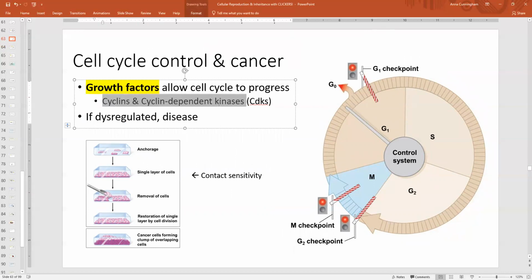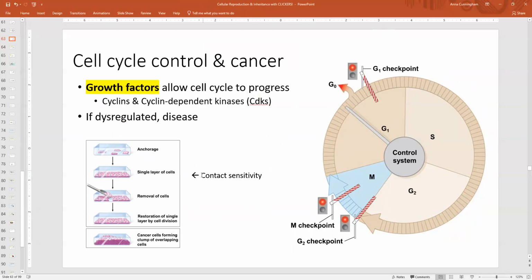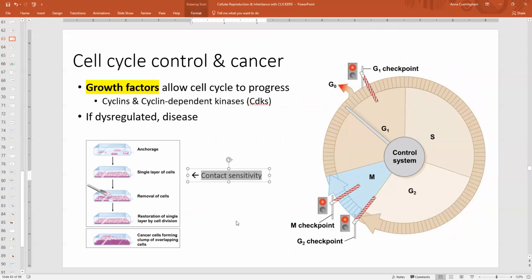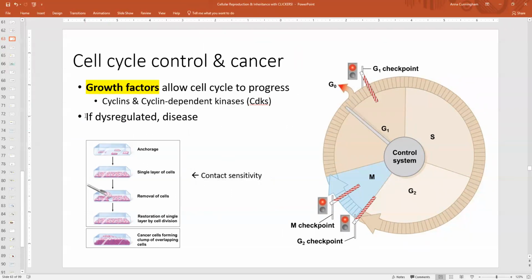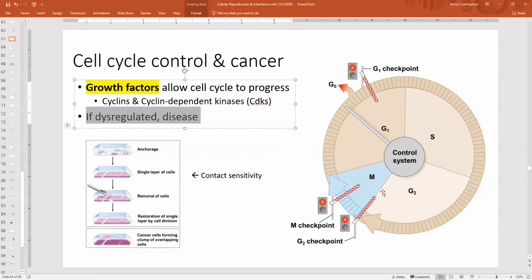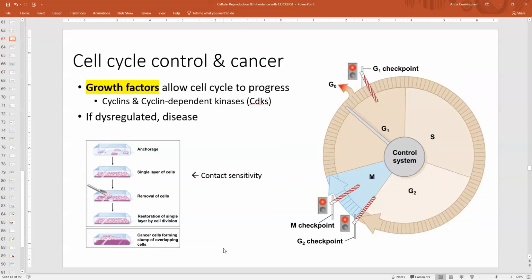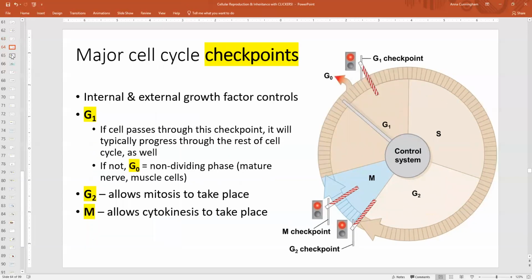Primarily, these are going to be those cyclins and cyclin-dependent kinases, but there are others. And this can also include contact sensitivity. And importantly, if this is not tightly regulated, you get disease. And as you all put forth, the disease we're talking about is cancer.